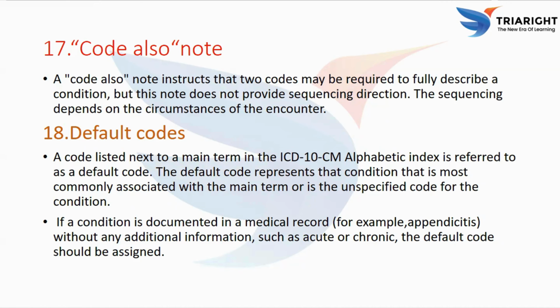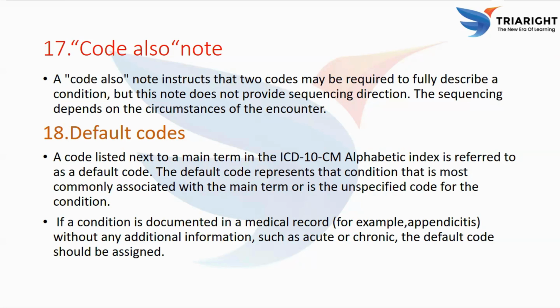So default codes. A default code is the code shown next to a main term in the alphabetic index of ICD-10-CM. So what does this default code represent? It stands for the condition that is most commonly associated with the term, or it is the unspecified version of it.